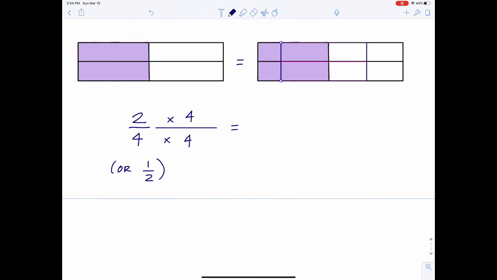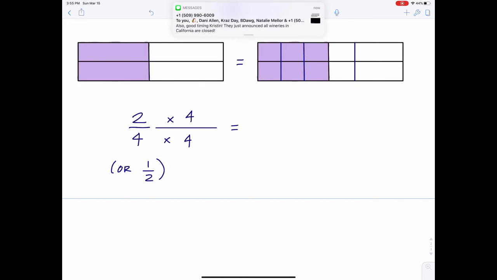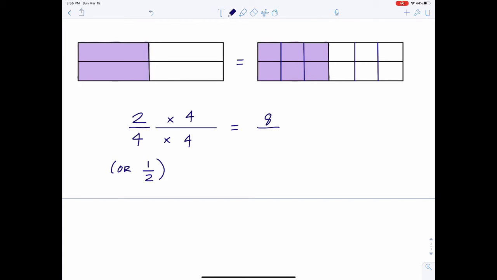So now I'm going to try to split each part into 4. I'm going to look below to check my work. Did I make an equivalent fraction strip that's the same? We know 2 times 4 is 8 and 4 times 4 is 16, and I'm going to look above.